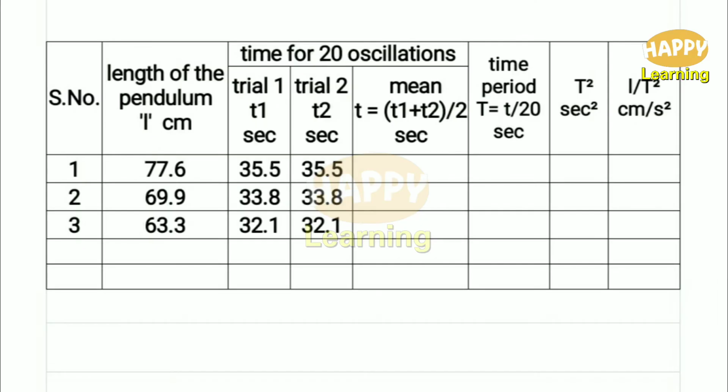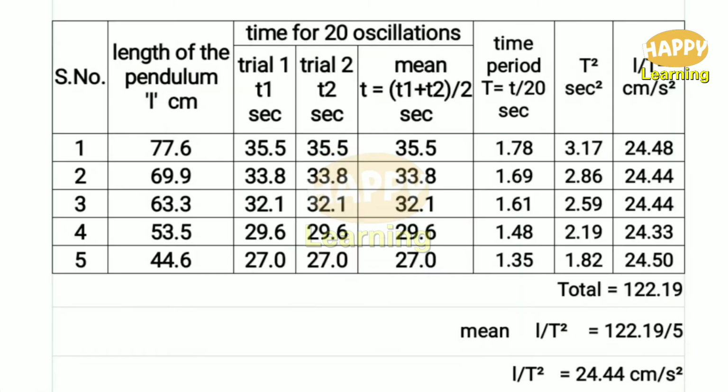So the values are entered into the table. For the length 63.3, the times are 32.1 and trial 2 is 32.1.